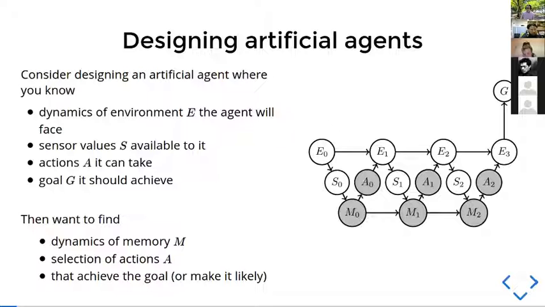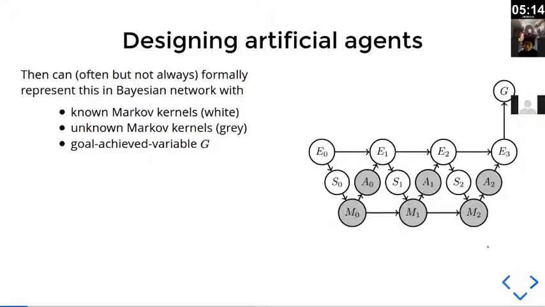You see here 2 nodes are gray, and those are the ones that you want to find: the actions and how the memory updates, because that's what you do when you design an agent. In general, you not only have to figure out what actions the agent should take, but also what it should remember. That's why you sometimes need the memory update.